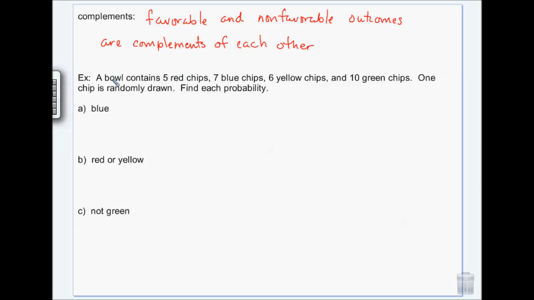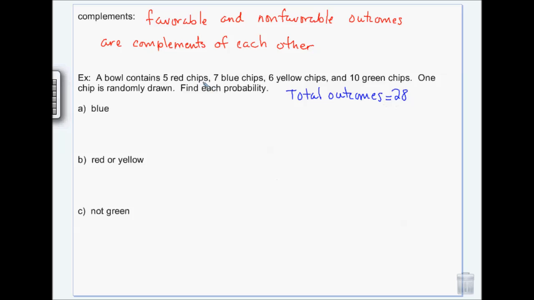So we have a bowl and it has 5 red chips, 7 blue chips, 6 yellow chips, and 10 green chips. We're going to pick one randomly. They're all mixed up, right? And we're going to find the probability. So first we need to know, what are the total possible outcomes? 28 chips in the bowl.